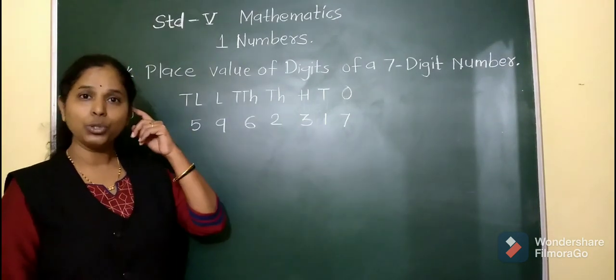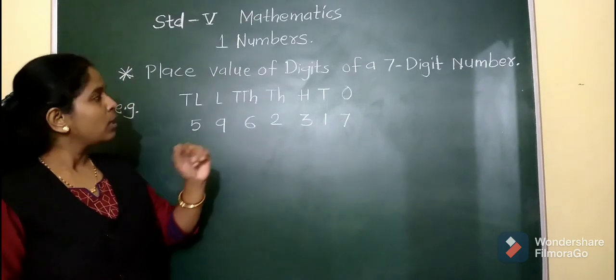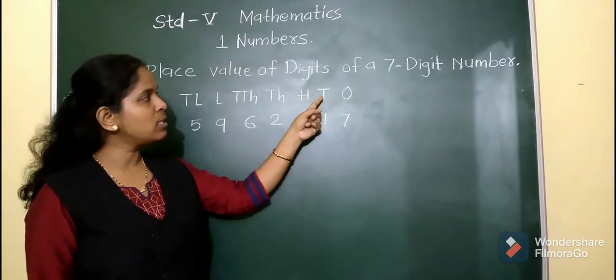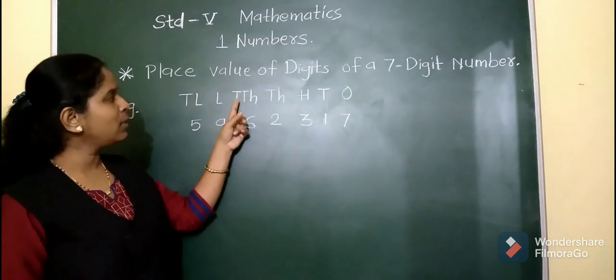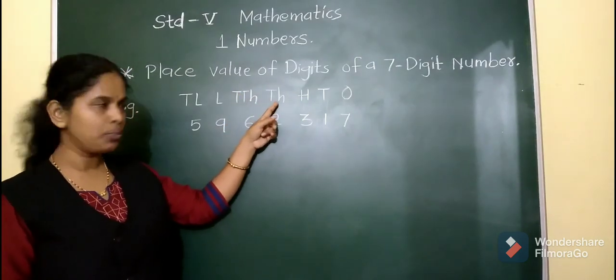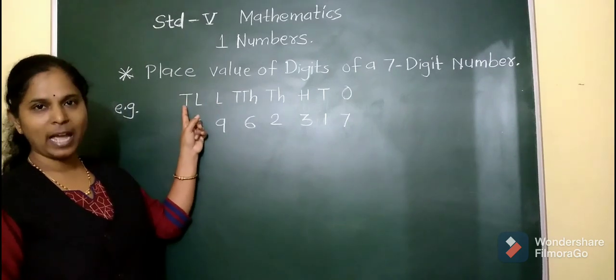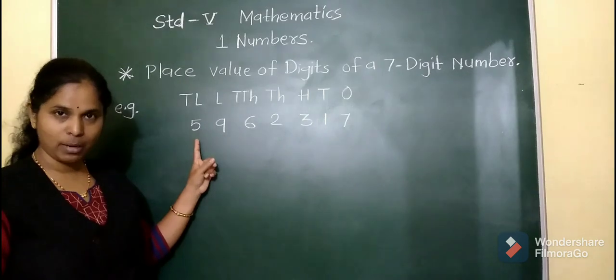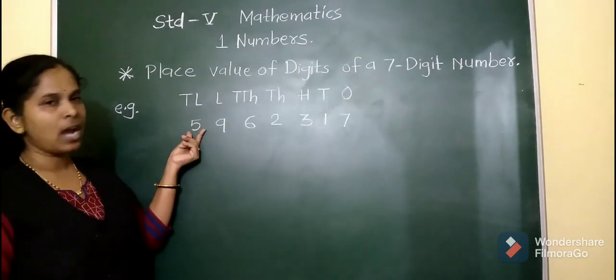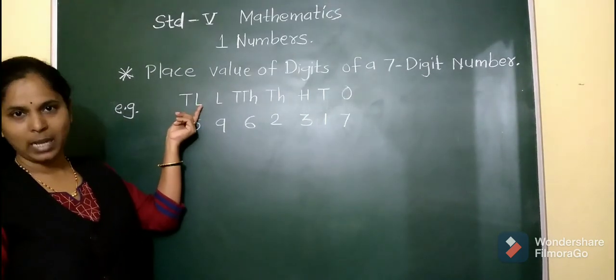For that, you should know the periods. Ones, tens and hundreds make the ones period. Thousands and 10,000s make the thousands period. Lakhs and 10 lakhs make the lakhs period.